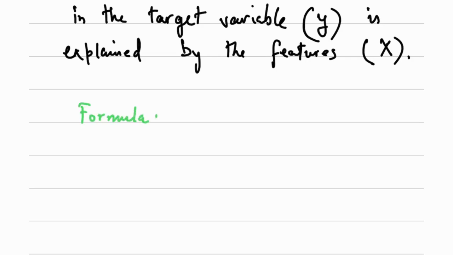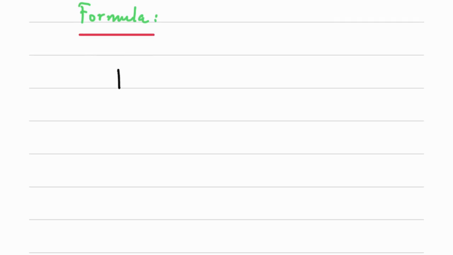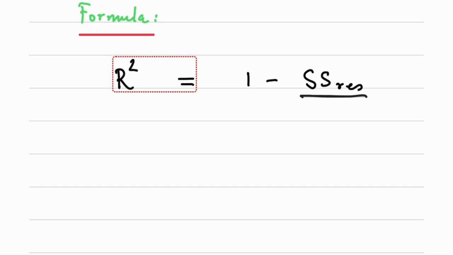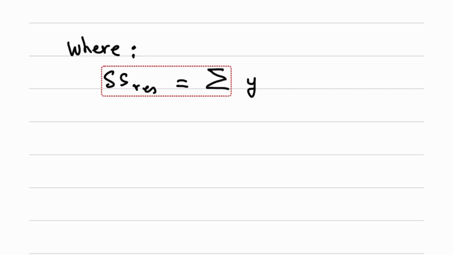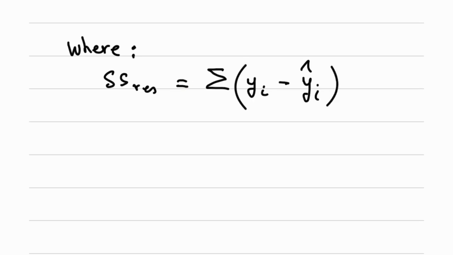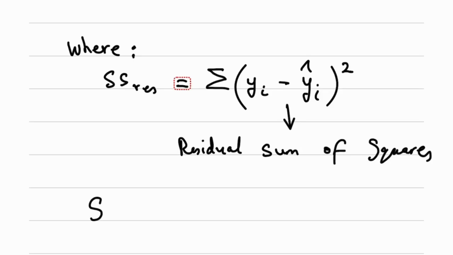The formula of R square is R square equal to 1 minus sum of residual squares by sum of total mean squares. Here the variable SS res can be seen as the summation of yi minus yi hat whole square, where yi represents the y true and yi hat represents the y prediction variables.